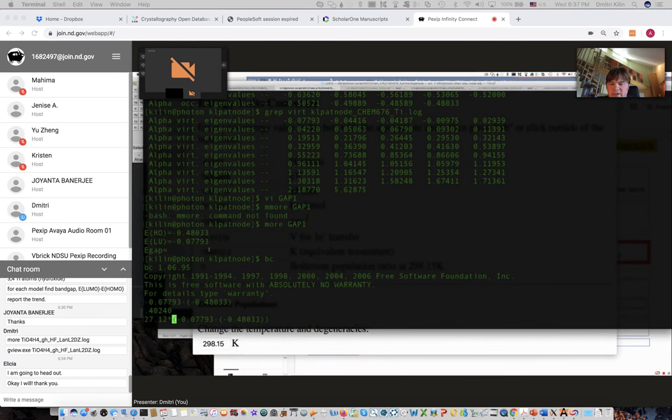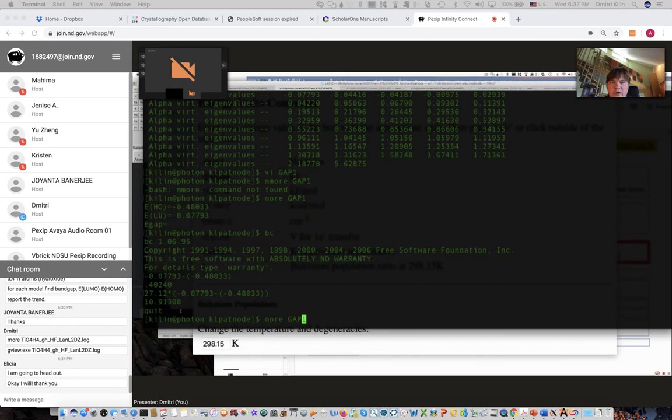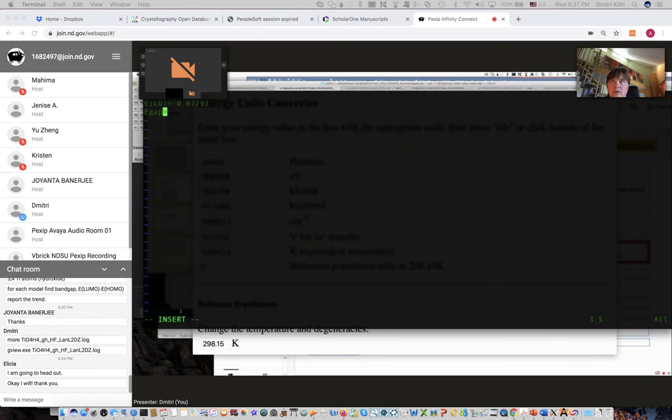Control C, quit, vi gap 1, electron volts.